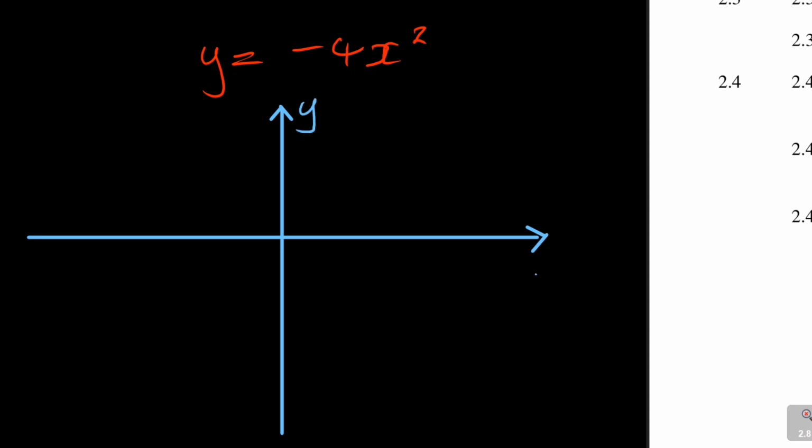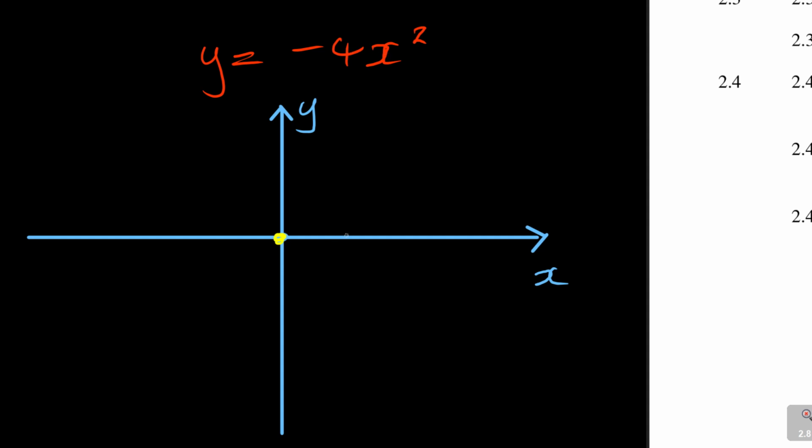This is your y, this is your x. Now it must face down. So when x is 0, y is 0. You can also have a few points there just to show that you know. When x is 1, if you put a 1 there, what do you have?